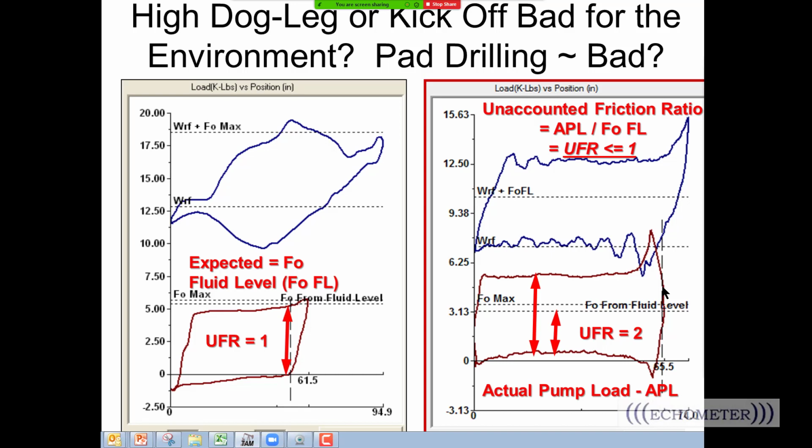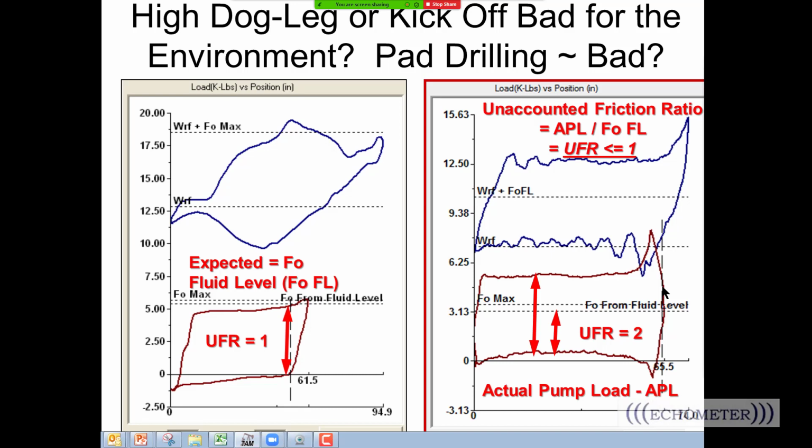So that force is something they can model. But so far, in the data that I see, often that force isn't a big deal. The force that I see showing up a lot is this mechanical sticking force from a dog leg. I'm not saying there's no rod rubbing on tubing, because that's what they put in the deviated wellbore models. But the forces I've been showing you are forces that aren't modeled that way.